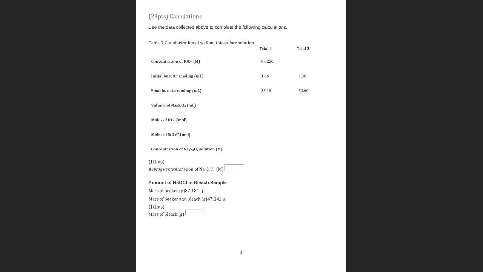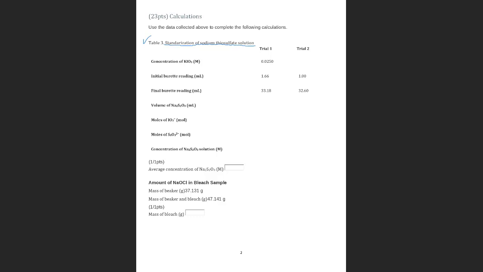So we start with table 3. The first thing, standardization of sodium thiosulfate solution. If we don't know the exact concentration of our titrant, we won't be able to calculate the amount of bleach. So the first thing is standardization. Very good.